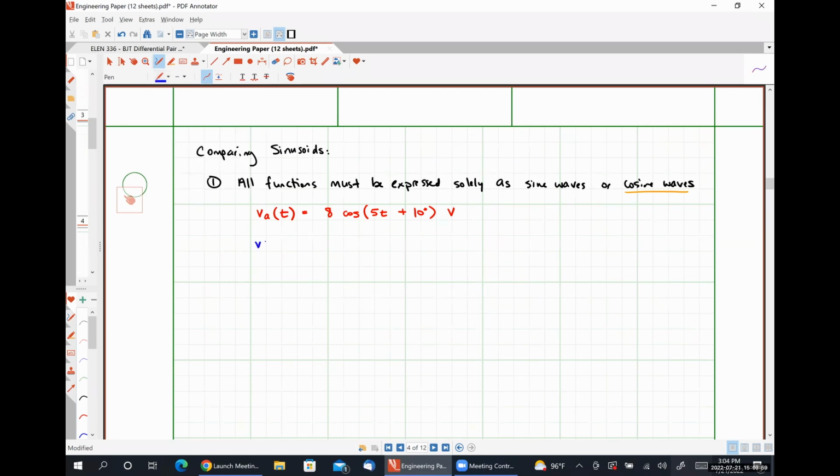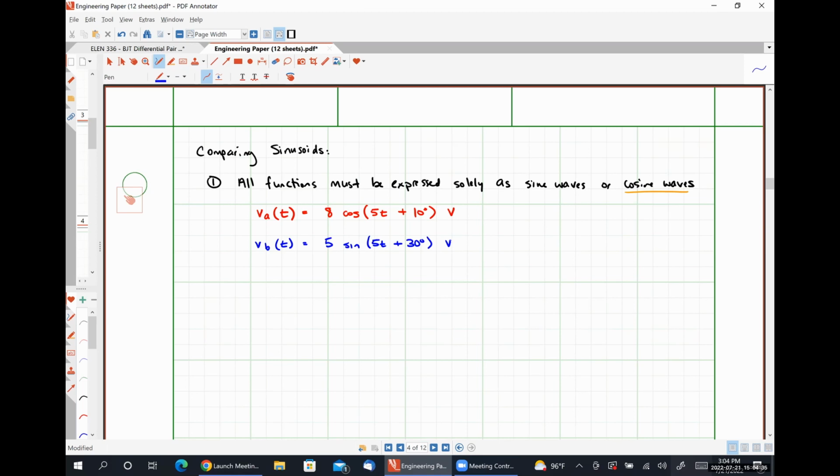And we had a second time varying voltage, VB of t, that is 5 sine 5t plus 30 degrees volts. In order for us to accurately compare these two waveforms, both have to be expressed as a cosine function or both have to be expressed as a sine function.